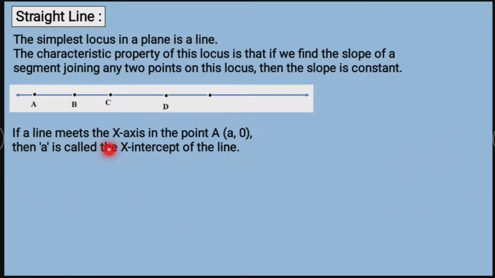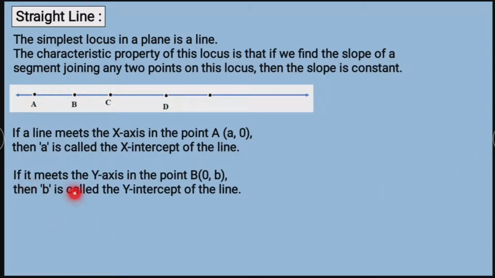If a line meets x-axis in the point A(a, 0), then A is called the x-intercept of the line. We know that when a point lies on x-axis, its y-coordinate is 0. If the line meets y-axis in the point B(0, b), then B is called the y-intercept of the line.